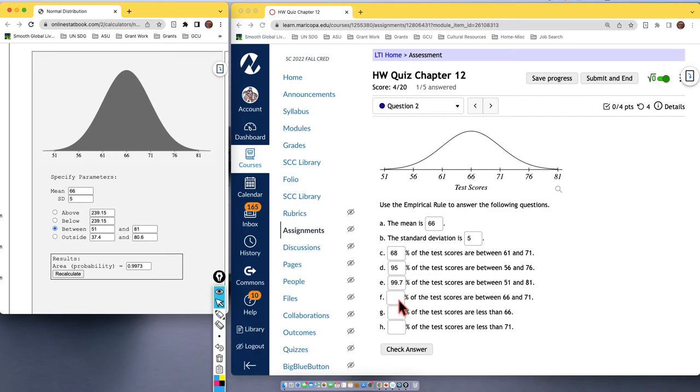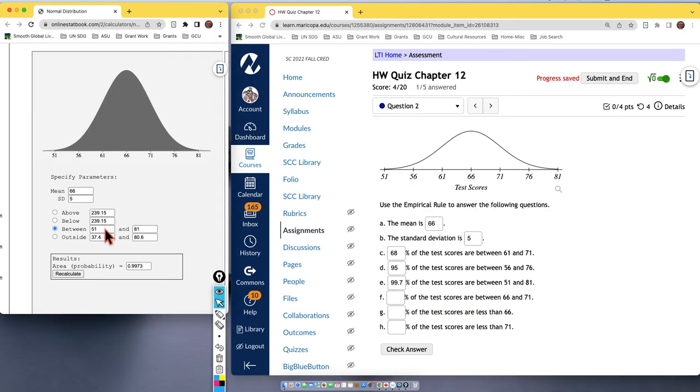Sorry, I got confused. How do you use the calculator again? You put in your mean and your standard deviation, and then you choose which one they're asking us. They're asking us for between, so I clicked on between, and then I put the 2 scores that they want to get between. You actually use the scores. 66 and 71.